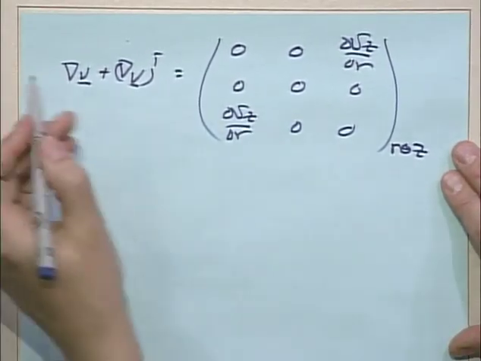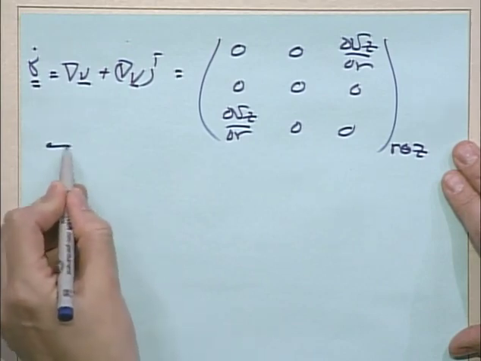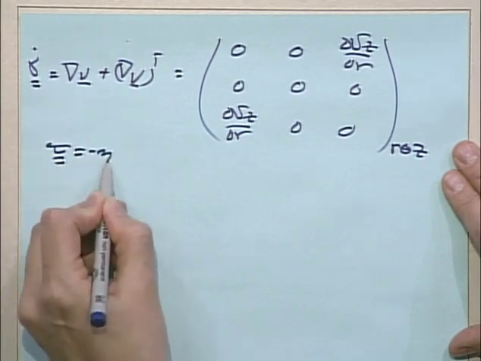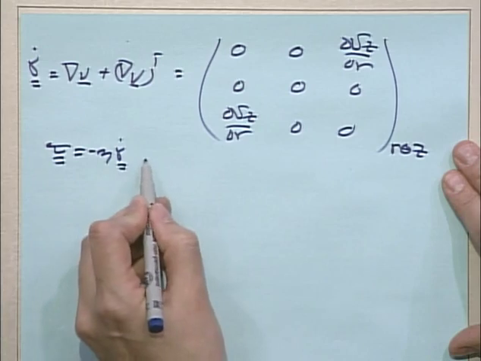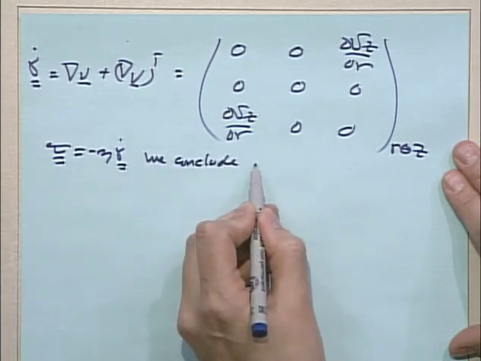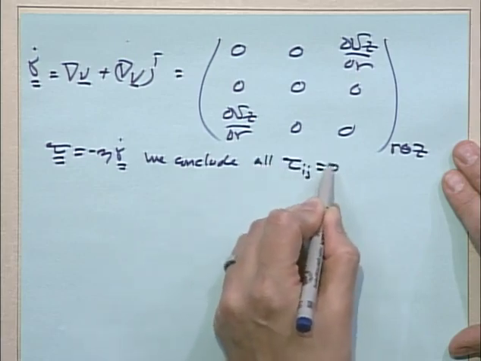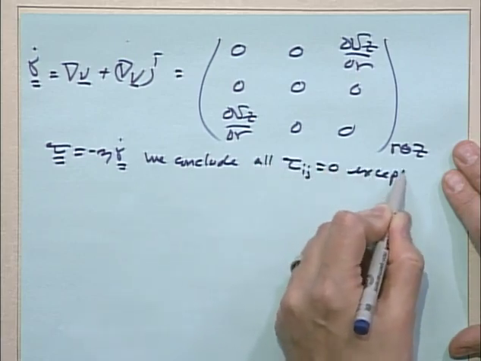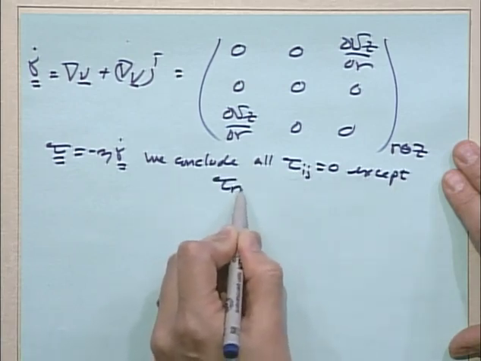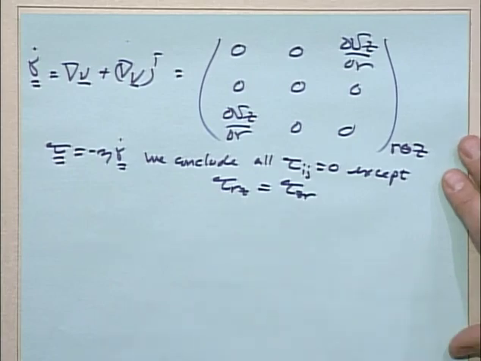Del V plus del V transpose, which is gamma dot, is this. And because tau is equal to minus eta gamma dot, we can conclude all tau sub ij equals 0 except tau rz and tau zr, which are equal to each other.